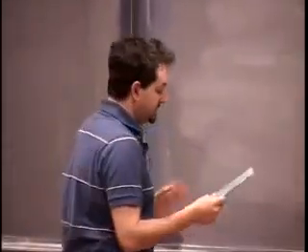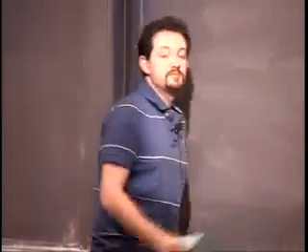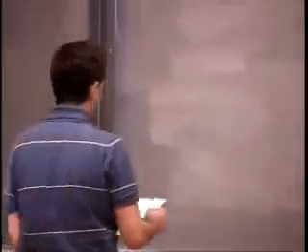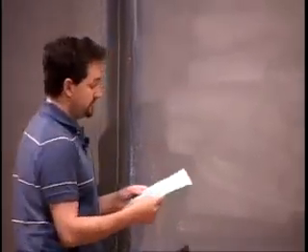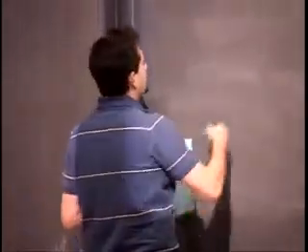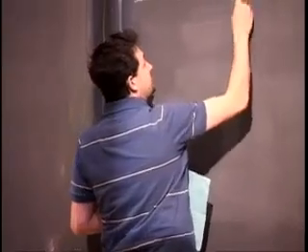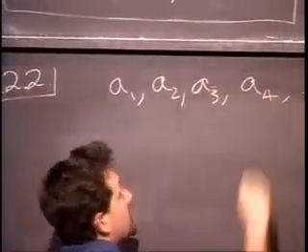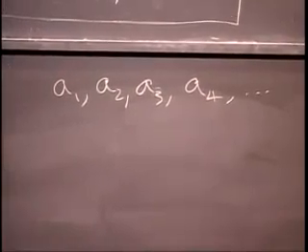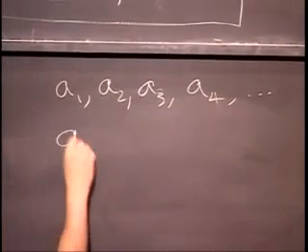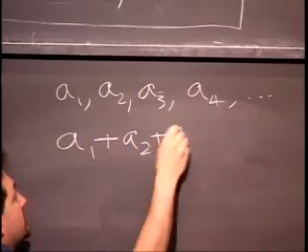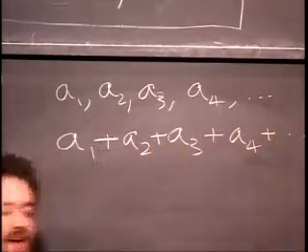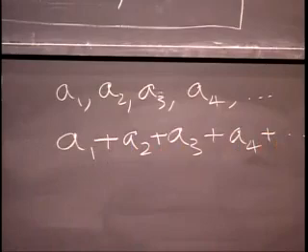So soon I'm going to get onto some really practical problem-solving matters, but I need to tell you what a series is. Well, a series is just a fancy word for a sum. So what I'd like to do is start with some sequence, but just replace all those commas by pluses. A1 plus A2 plus A3 plus A4, and so on. And what does that even mean, and so on?